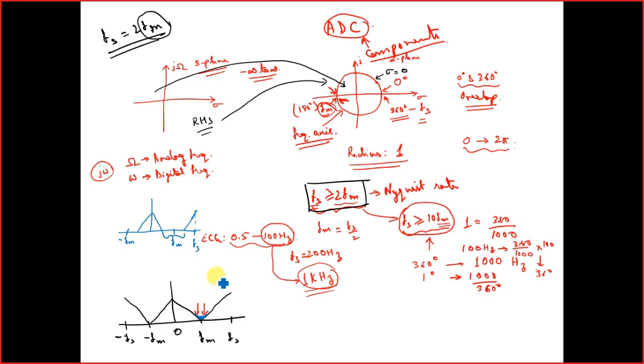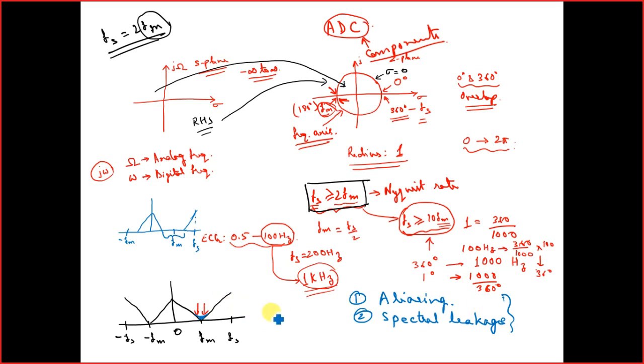Now I am introducing two words. The first one is aliasing, and the second one is spectral leakage. The result of both of these is the same.